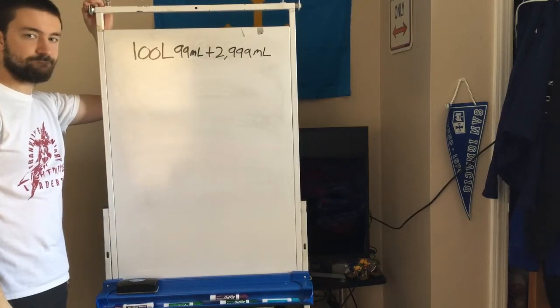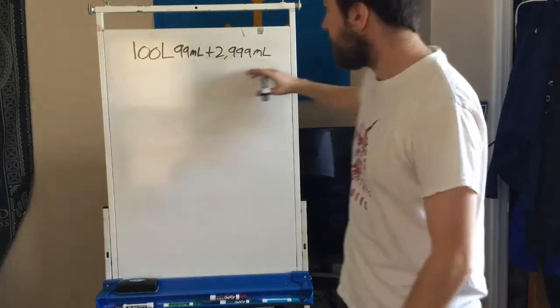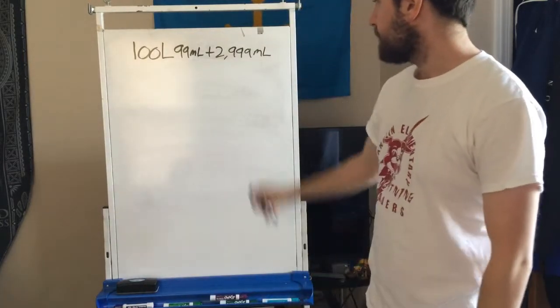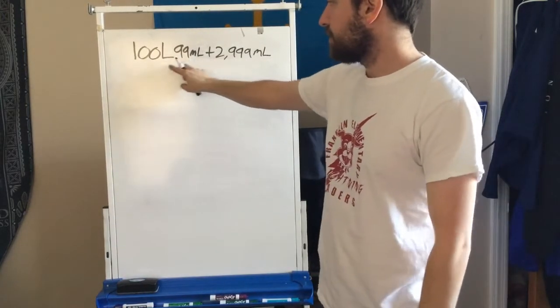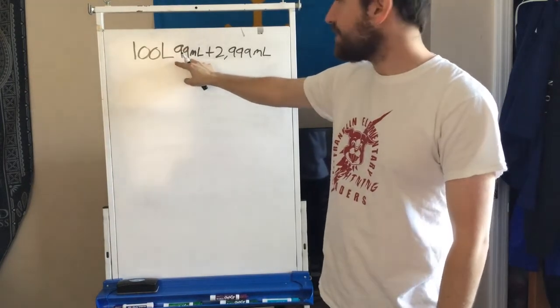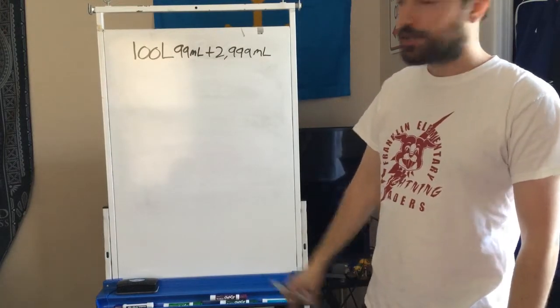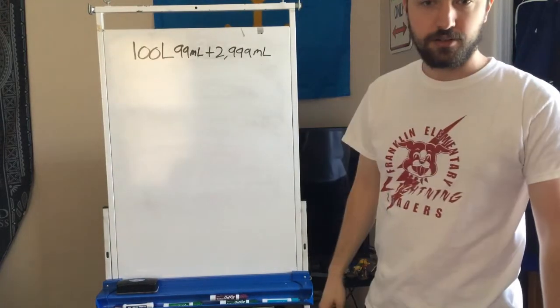Oh boy. I don't have the same units here. I can't just add these together. I have milliliters here and milliliters here, but I have liters here. I need to turn this into milliliters so that I can add all this together.